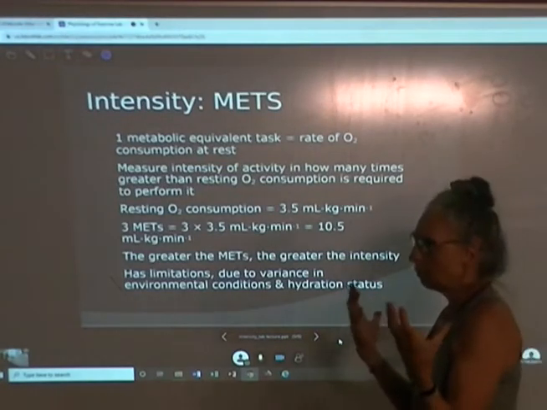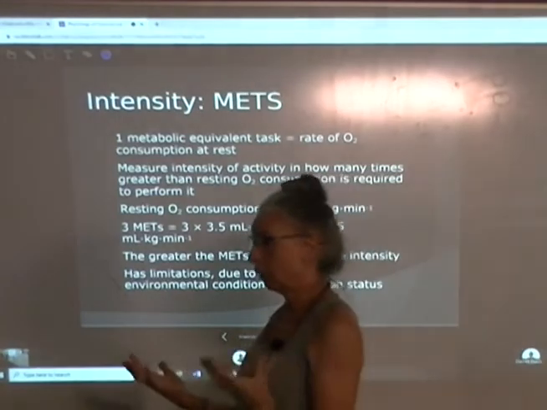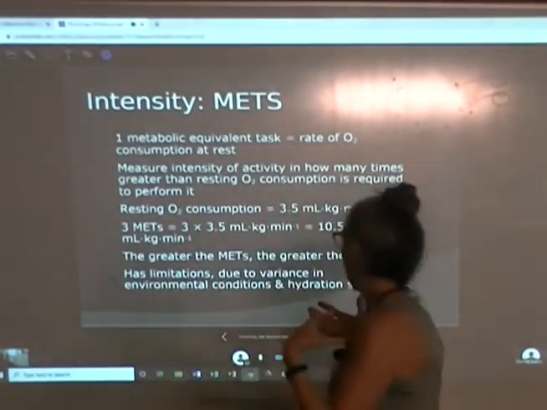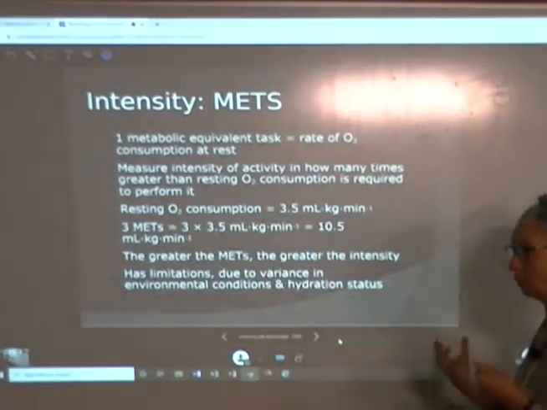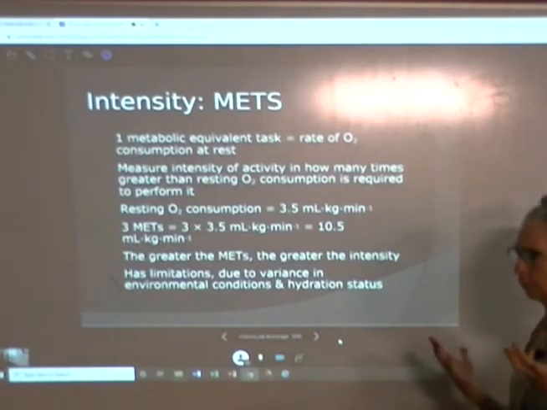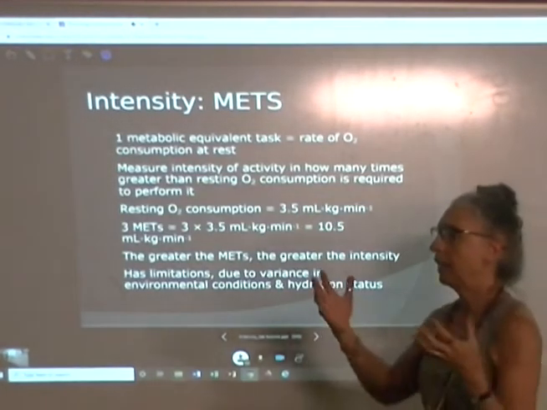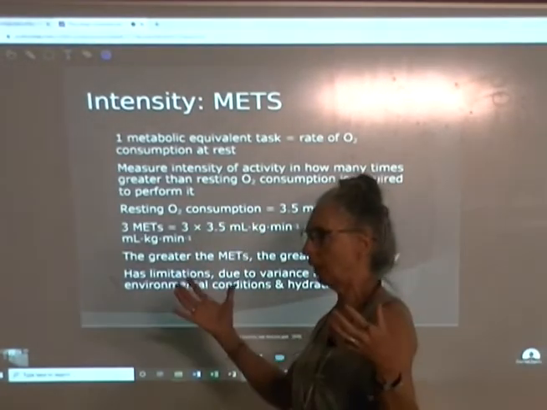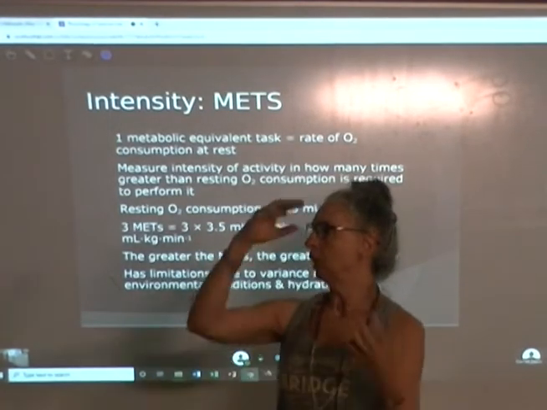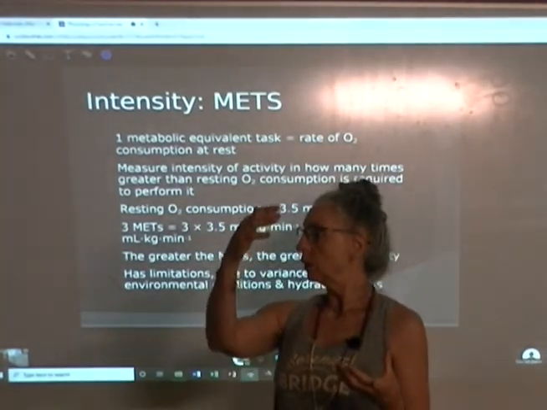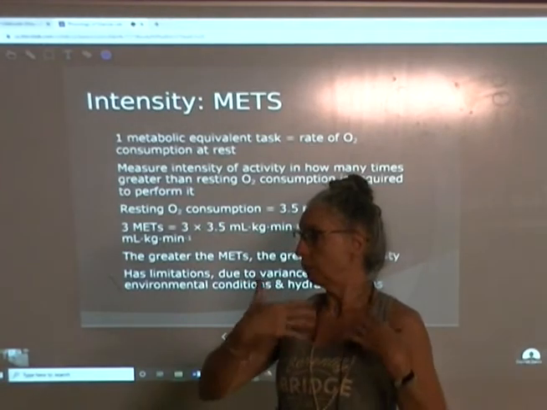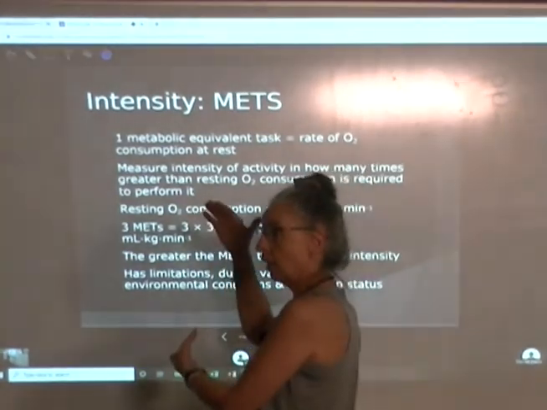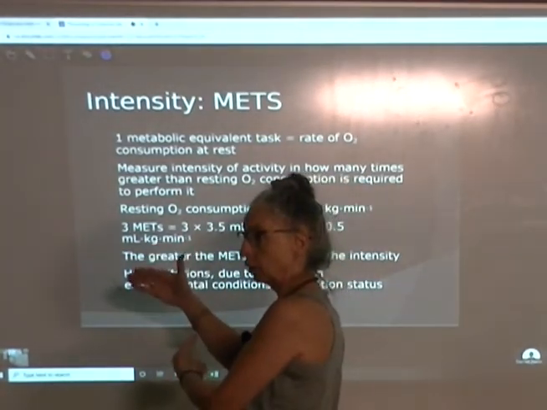Resting oxygen consumption for an average person is around 3.5 milliliters per kilogram per minute. But what is average, right? I can have 2 people who are the same size. One of them has much higher muscle component in their body composition, and one of them has higher fat percentage, right?